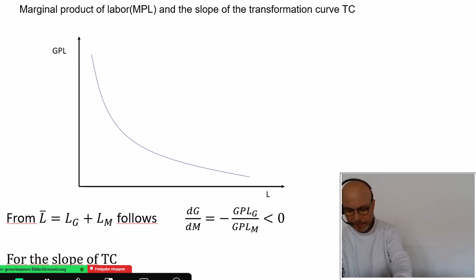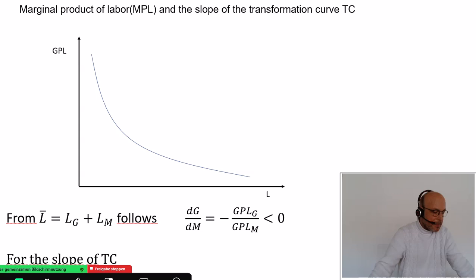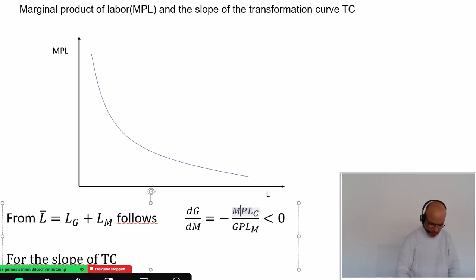And looking at this labor market means that we also want to have the dependence of the, this always has to be an M, sorry. And here also marginal product.